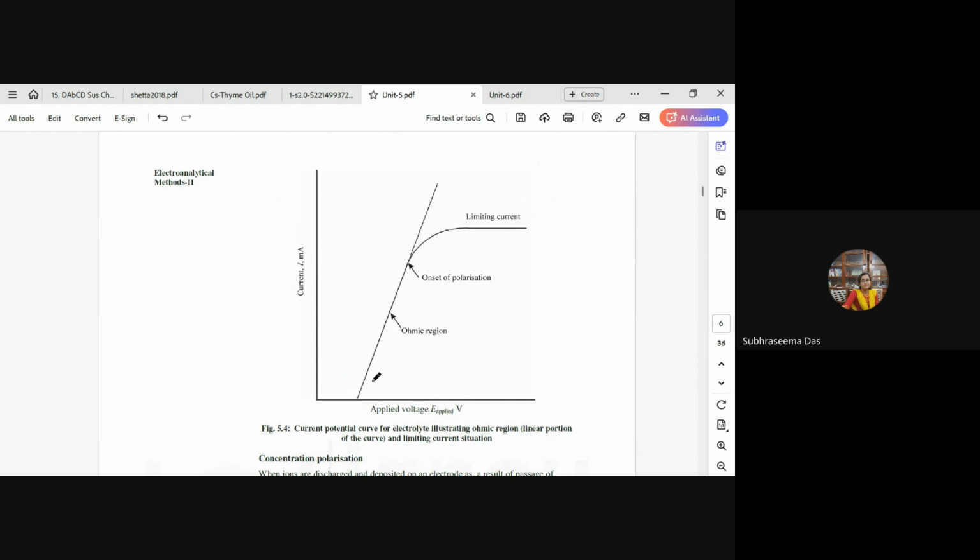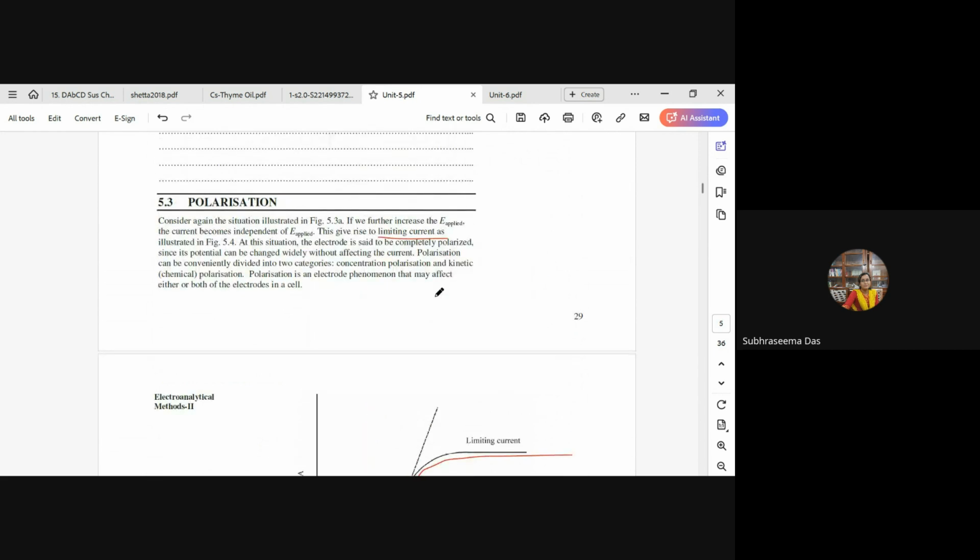Here we know the graph is linear, but as we keep on increasing, it deviates from the original value, and the current after the deviation is called the limiting current. At this situation we say that the electrode is completely polarized, because its potential can be changed widely without affecting the current.